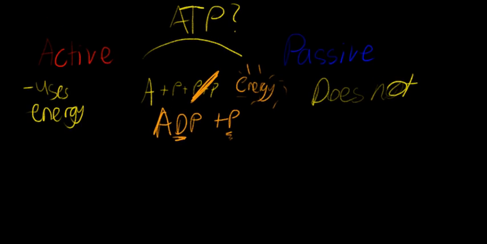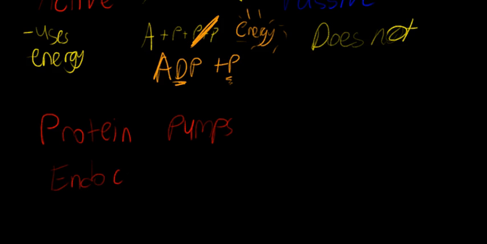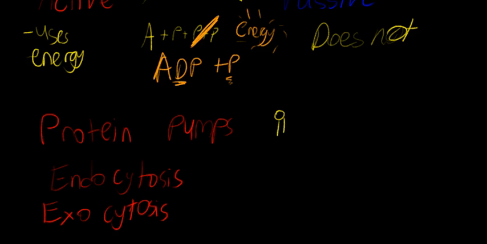So when we talk about active transport, there are a couple of different types. There are protein pumps, endocytosis, and exocytosis. So a protein pump is there. You have the lipid membrane.